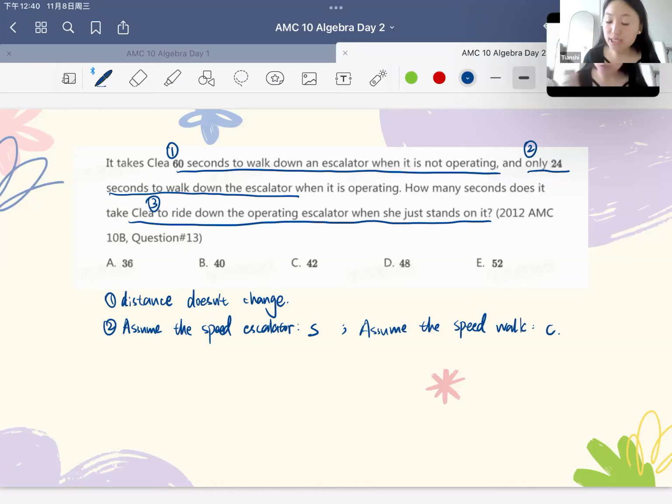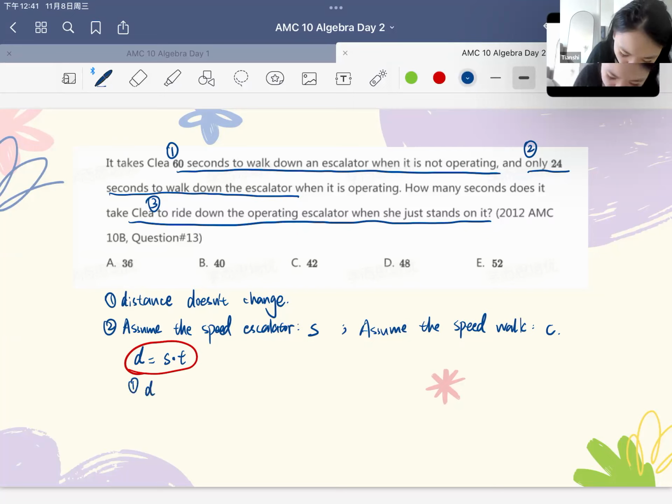And then we can represent the distance that the elevator takes. In the first scenario, we know that the distance equals the speed times the time. This is a formula: distance equals speed times time. In the first scenario, the time is 60 and the speed is the speed for Clay, so it's c.